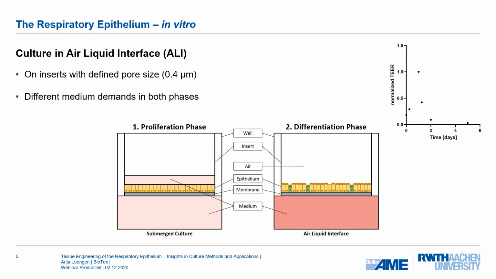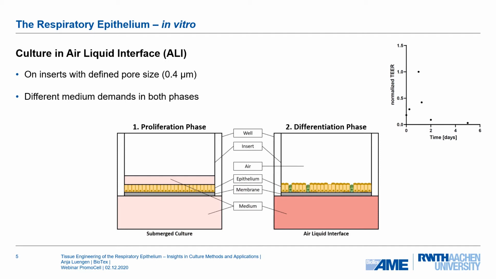In the second differentiation phase, the apical medium is removed and the cells are brought into direct contact with the air. This phase can last for several weeks. And to achieve these air-liquid interface conditions, or ALI conditions, the cells are seeded on specific cell culture inserts that are available with different membranes and different pore sizes.